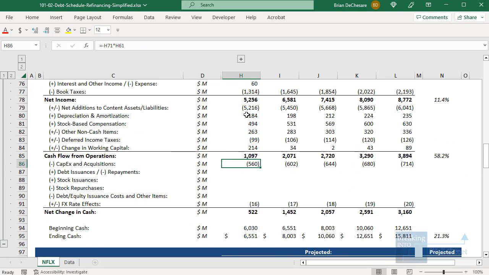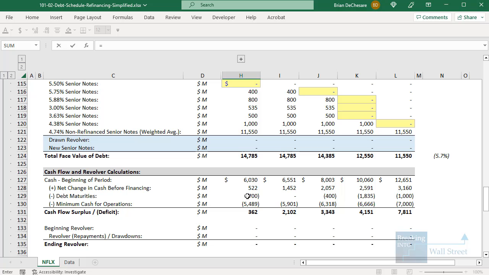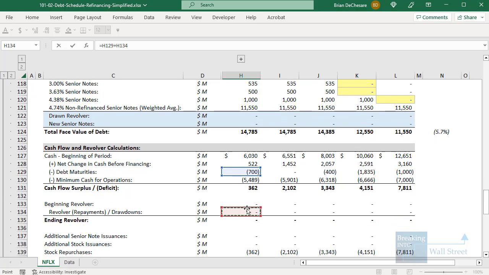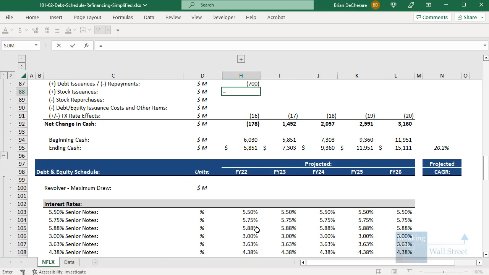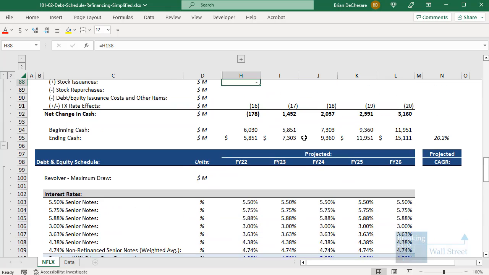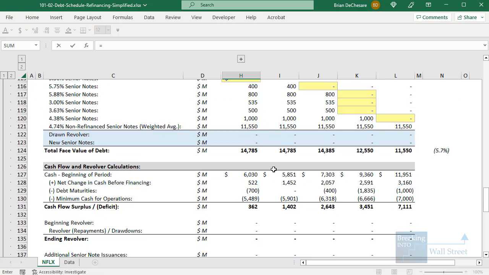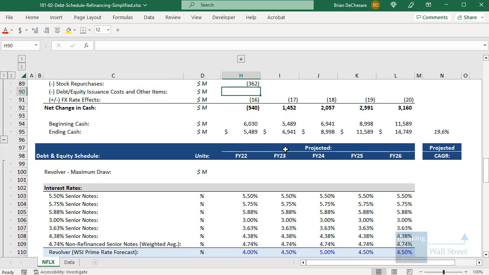And then below that, we want to go in, and for the debt issuances and repayments, we have a couple of things to link to here. So first off, we have the debt maturities, that has to factor in. We also have the revolver repayments and drawdowns, which has to factor in. And then we have the additional senior note issuances right here. For the stock issuances, let's go down and link to our number there. And then stock repurchases, it's right below it. So I could have just copied that formula down, but we'll link to it in row 139.